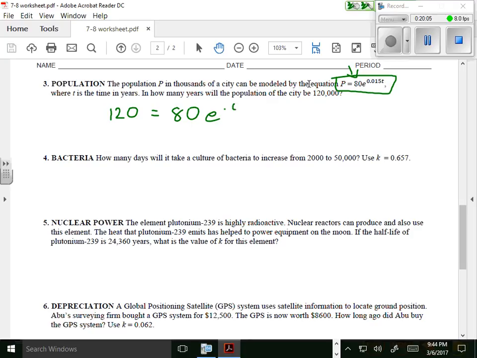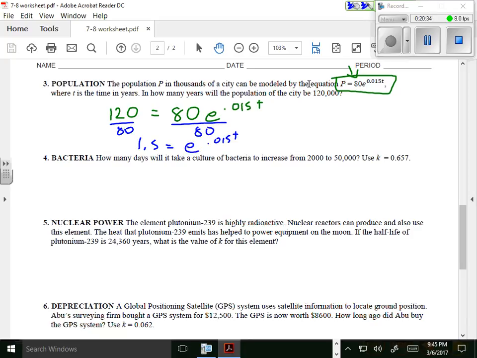e to the 0.015 t, and we're trying to solve for t. So we can divide both sides by 80. And that becomes 1.5. So we have 1.5 equal to e to the 0.015 t.